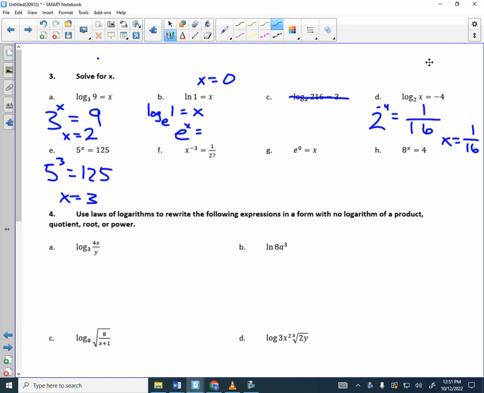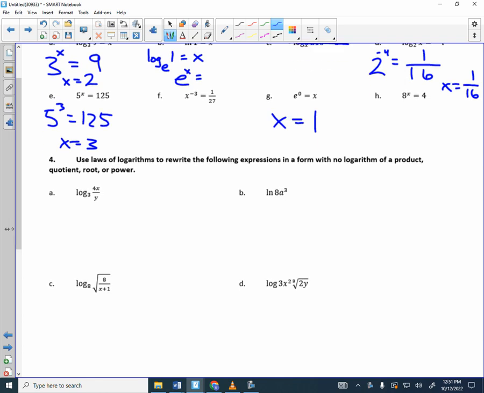e to the 0 power is? Here's one that's a little bit more challenging for you. 8 to what power is 4? This would be a common question for the ACT.